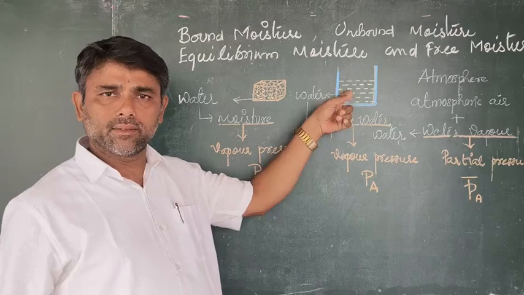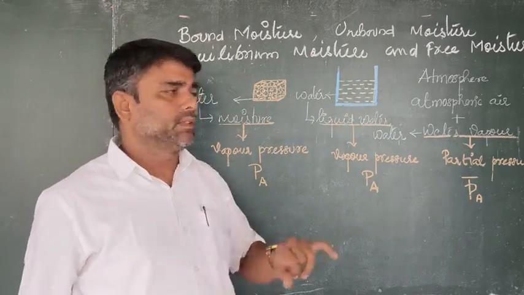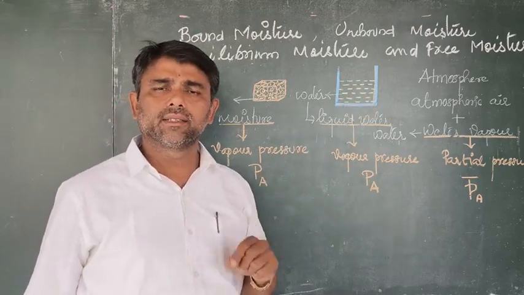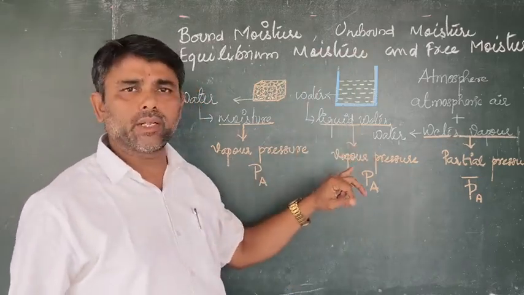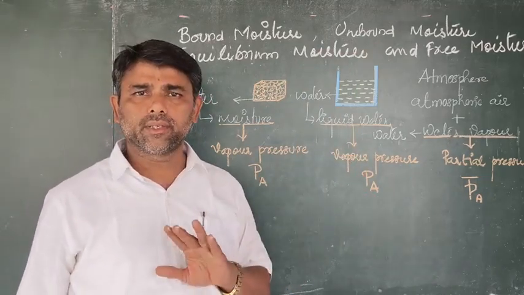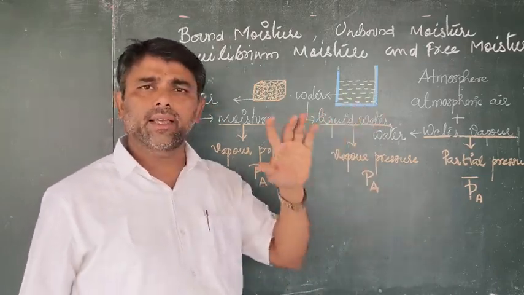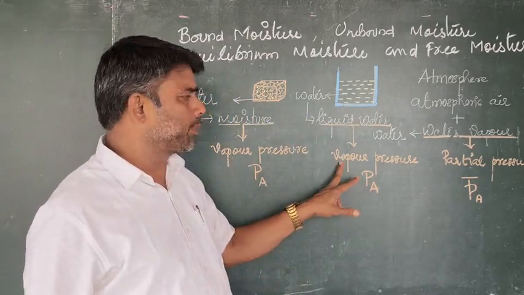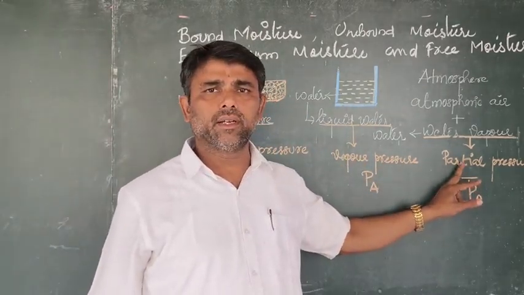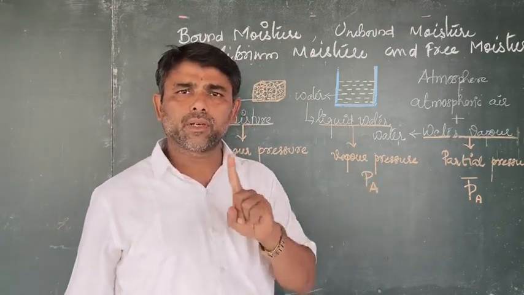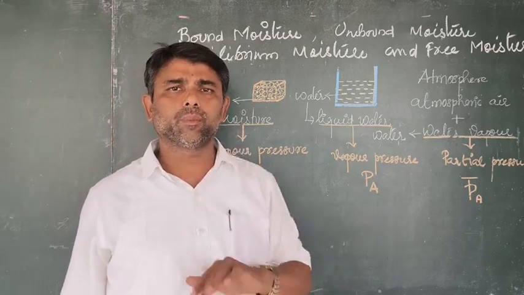This liquid water exerts a certain amount of pressure against the atmosphere. The pressure is called vapor pressure. So vapor pressure is the pressure exerted by the liquid water against the atmosphere.